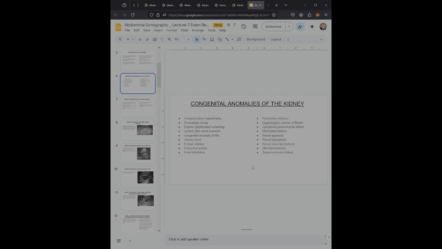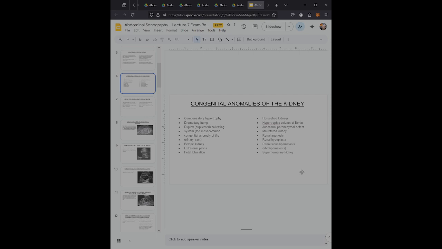A malrotated kidney is a kidney that sits in the renal fossa, but is positioned off the normal axis. Renal agenesis is a congenital absence of a kidney, and it is important to note that bilateral agenesis is typically not consistent with life.